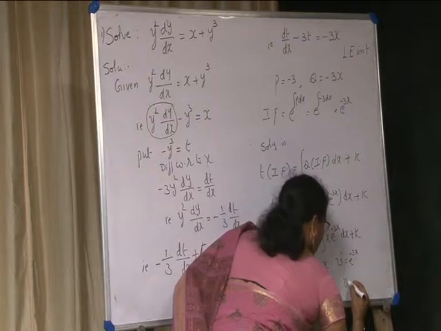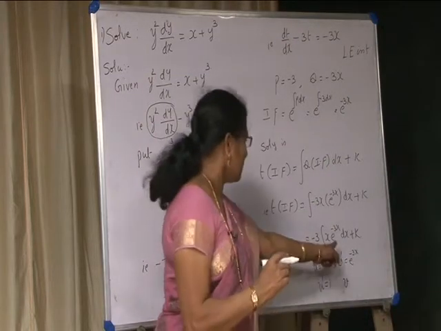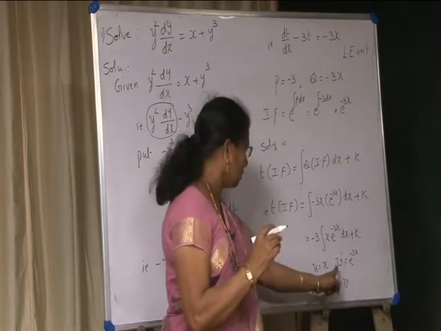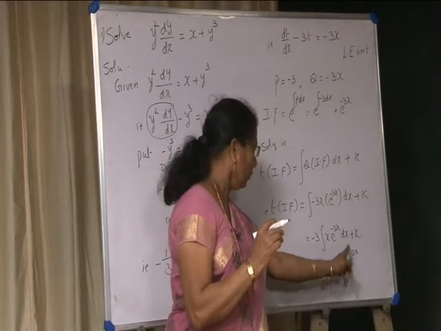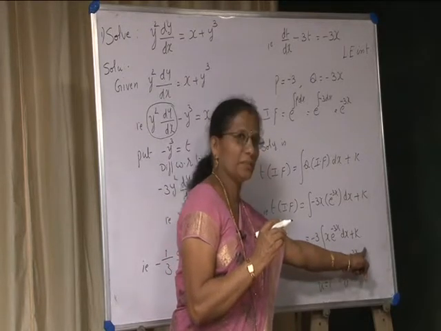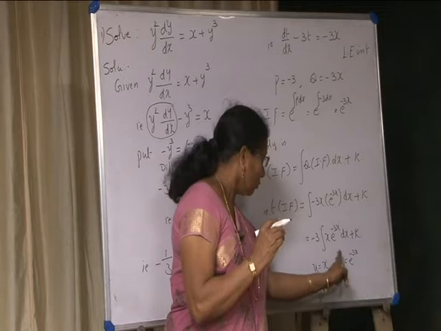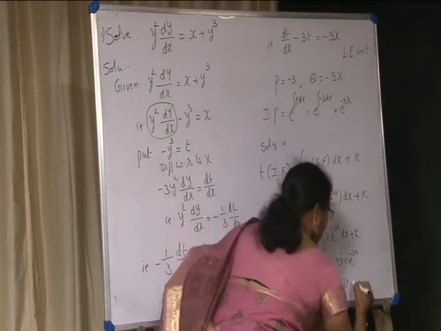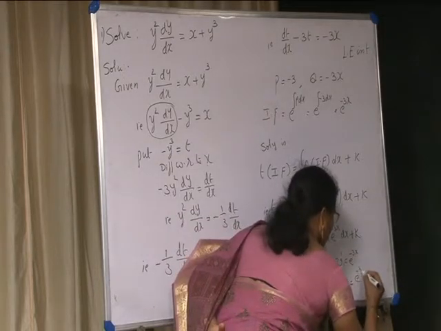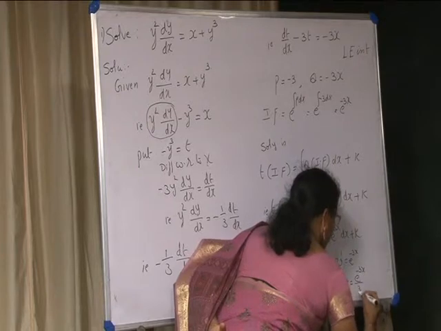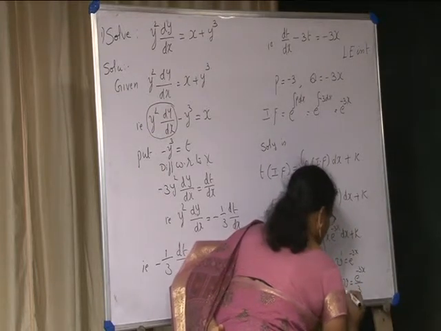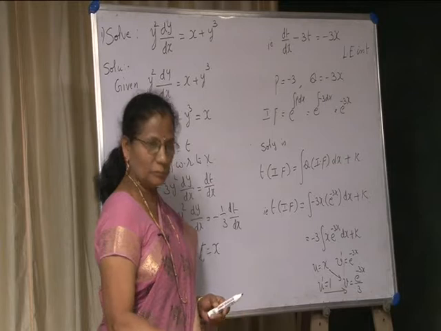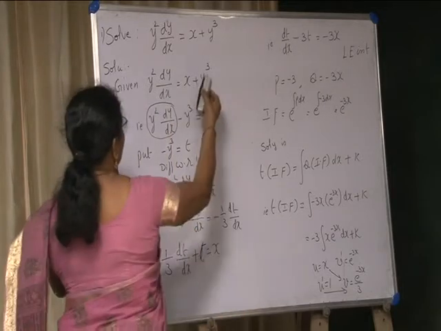The first function is x, the second function v dash is e to the power of minus 3x, but I want v, so we integrate e to the power of minus 3x, which gives e to the power of minus 3x by minus 3. This minus this, minus this.